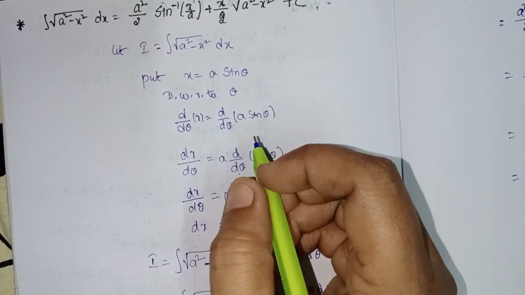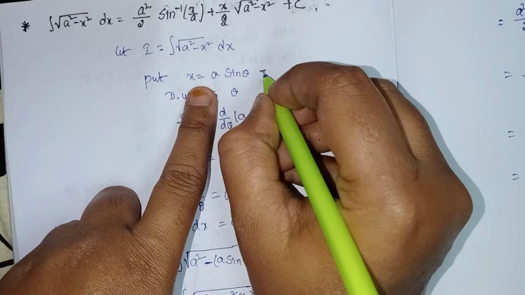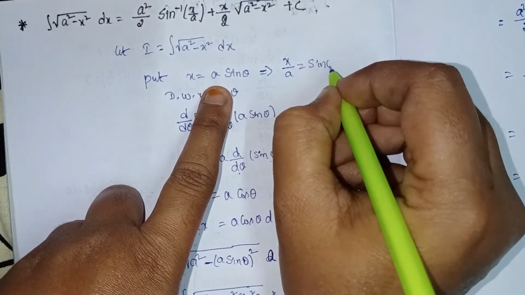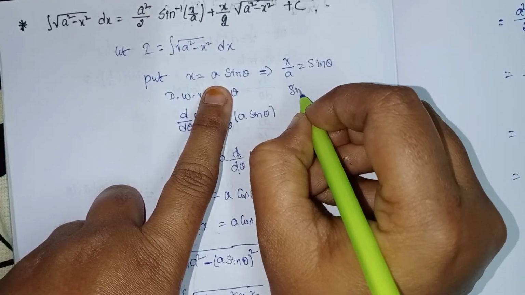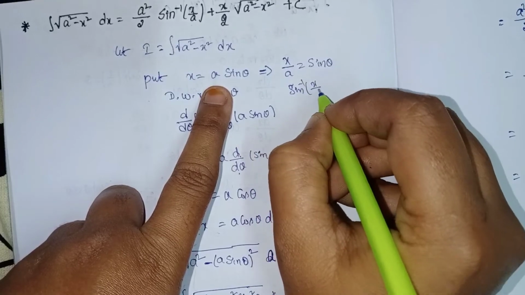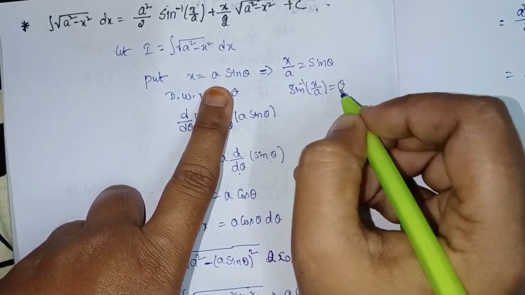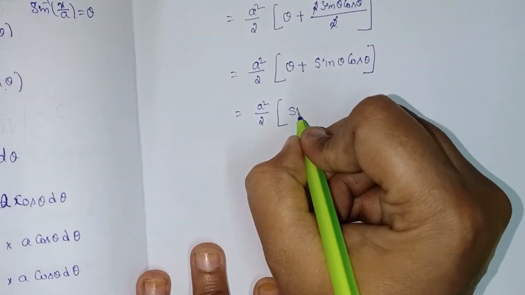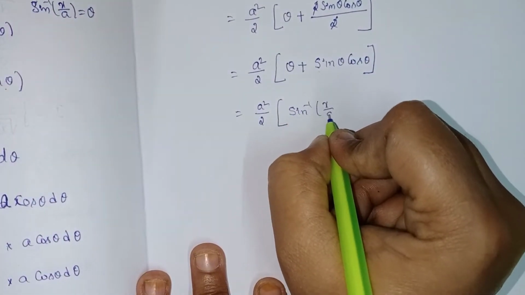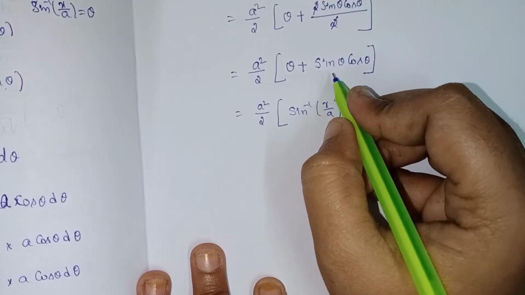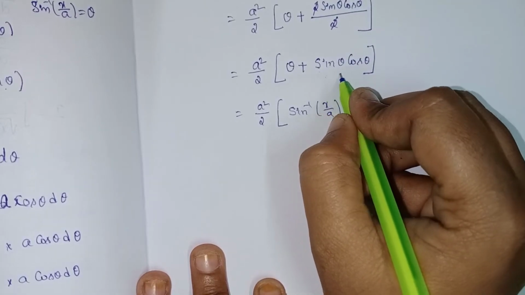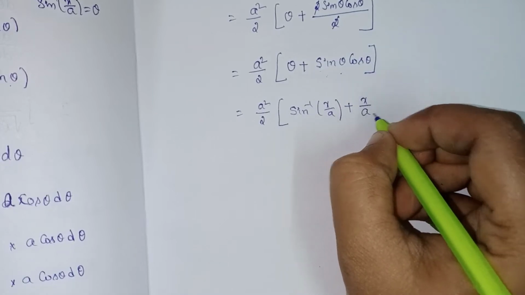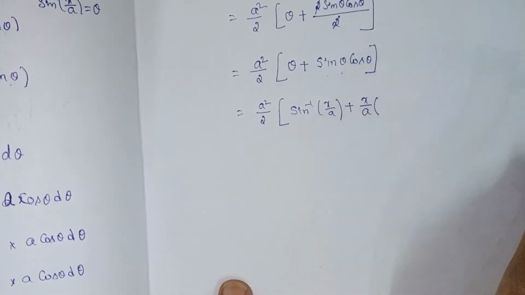Theta means here you can write x by a equals sin theta, so sin inverse of x by a equals theta. So substitute in the place of theta: sin inverse of x by a plus sin theta, and sin theta means x by a, into cos theta.